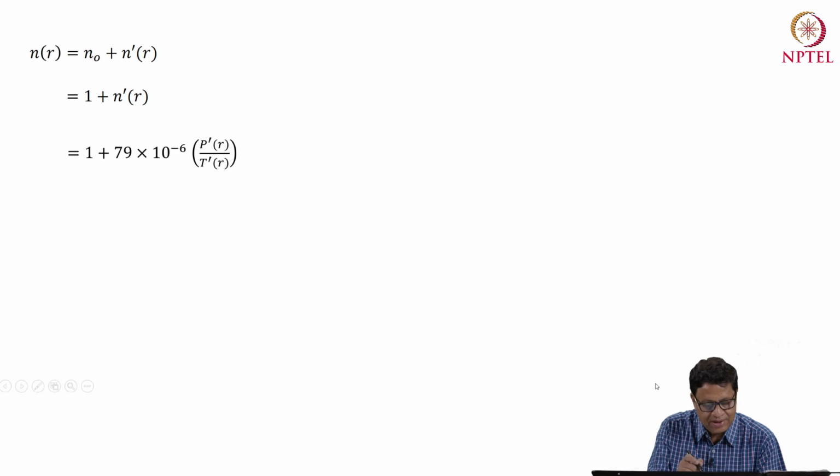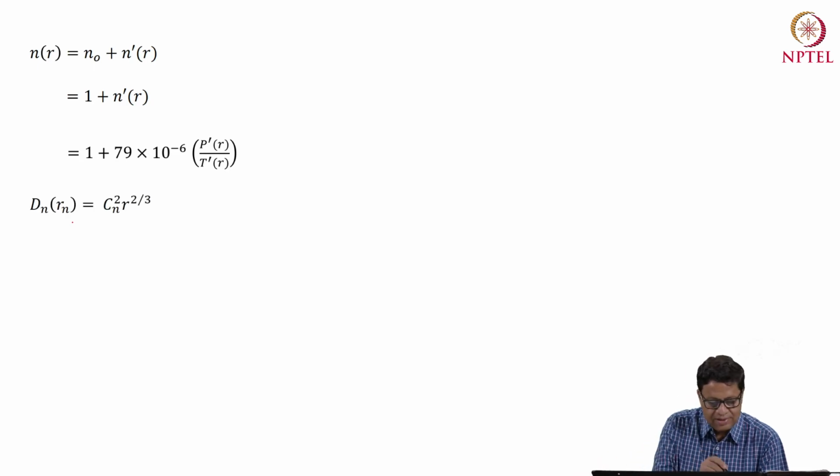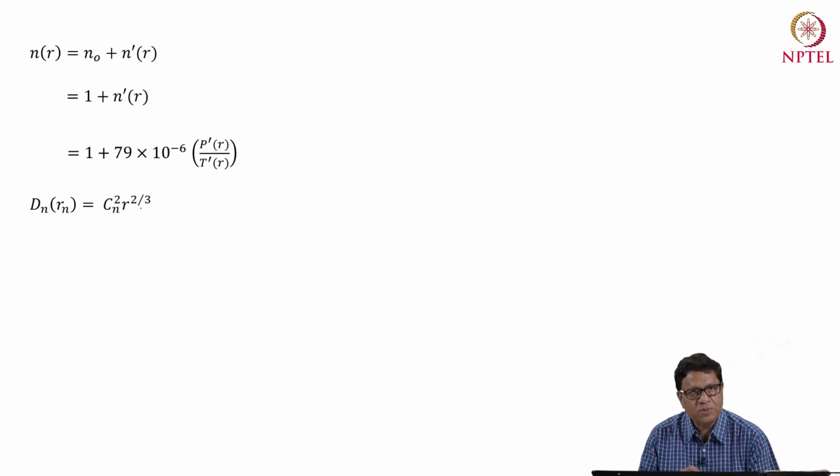If I do some calculations, because this is a function of pressure and temperature, this can be written as 1 plus 79 into 10 to the minus 6 P divided by T. And Dn(r) is defined by Cn square, the refractive index structure constant, into r raised to the power 2/3.